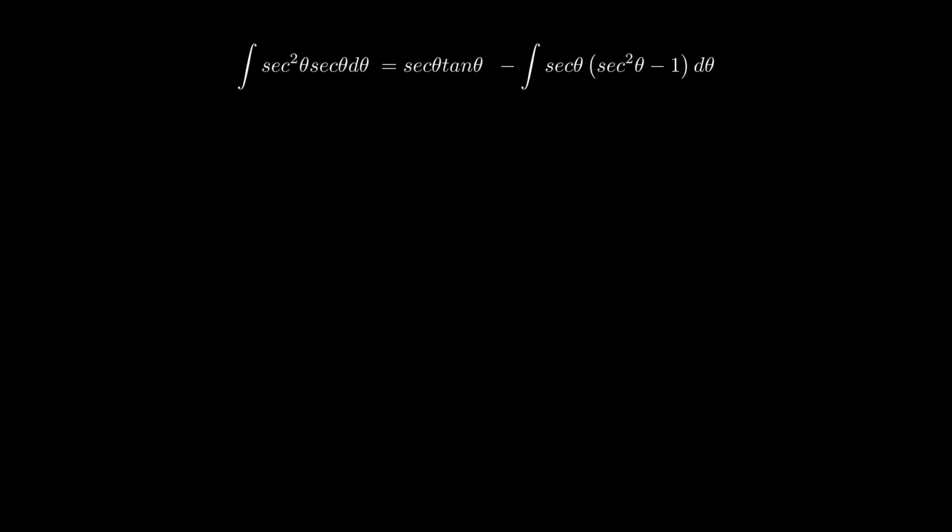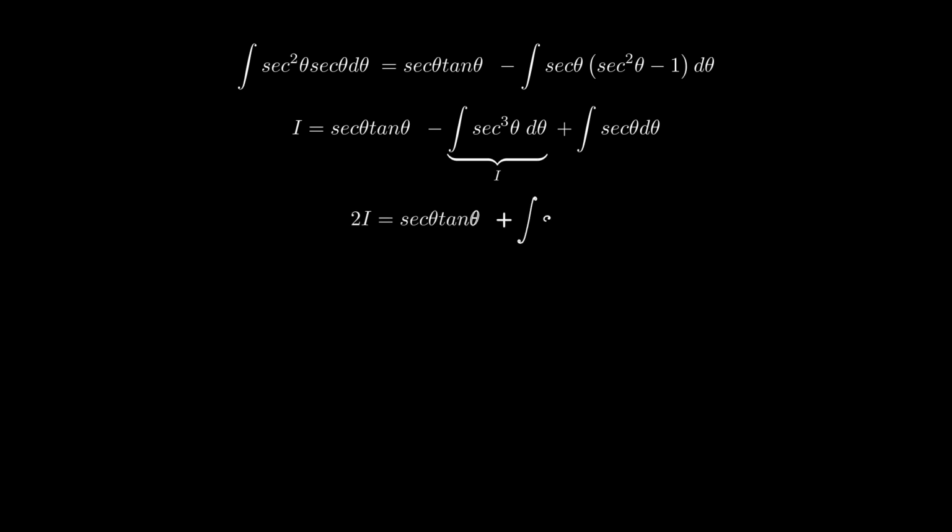That now results in the integral of sec cube theta, where sec cube theta can also be equated to the value I. So bringing sec cube theta onto the left hand side, we get 2I, and therefore 2I is equal to sec theta tan theta plus the integral of sec theta d theta. And so I becomes half sec theta tan theta when we divide both sides by 2, plus half of the integral of sec theta.